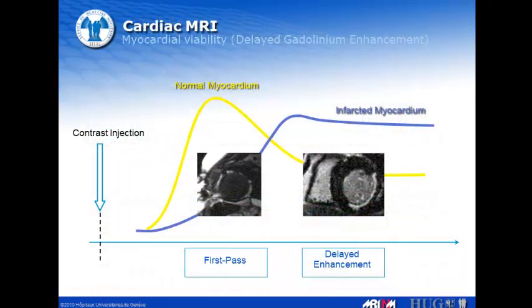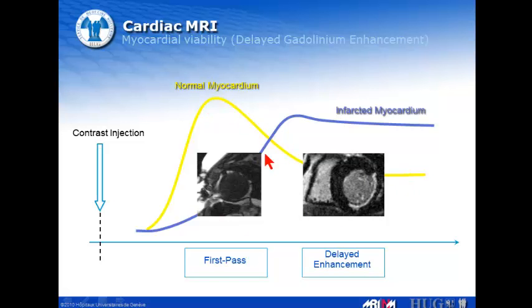And when looking at how cardiac MR performs in quantification of myocardial viability, you do a gadolinium injection. In a normal myocardium you have a fast wash-in, then a peak, and then a fast wash-out, which is normal.